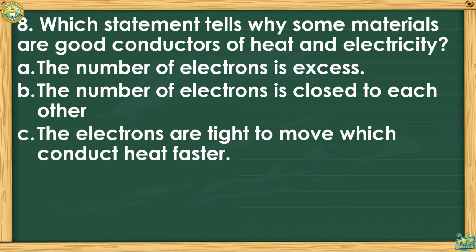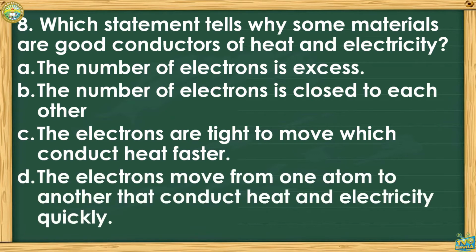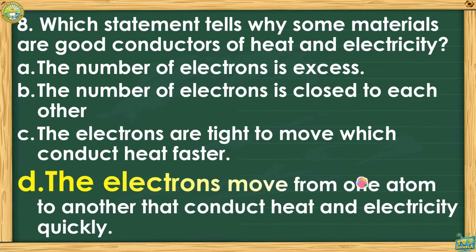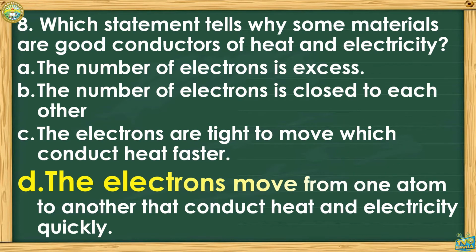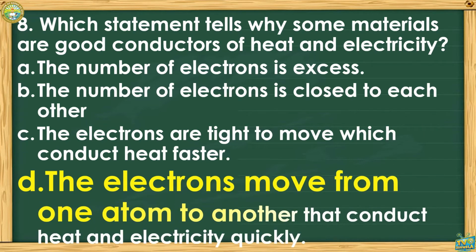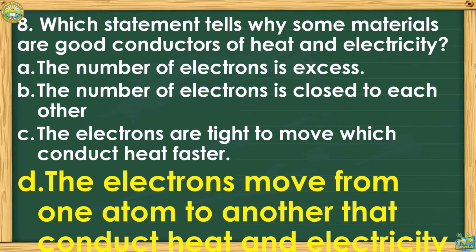C. The electrons are tied to move, which conduct heat faster. D. The electrons move from one atom to another that conduct heat and electricity quickly. The correct answer is letter D.